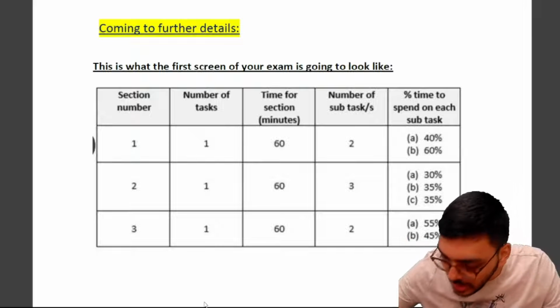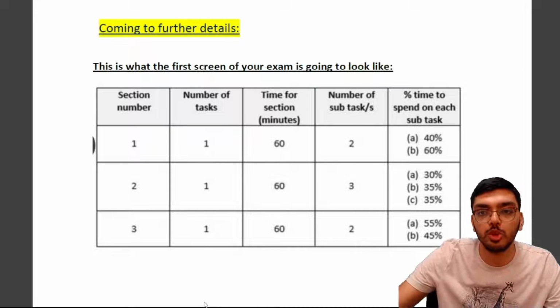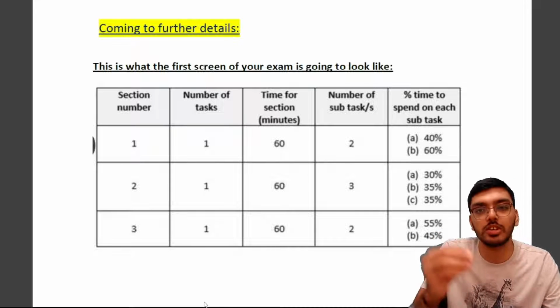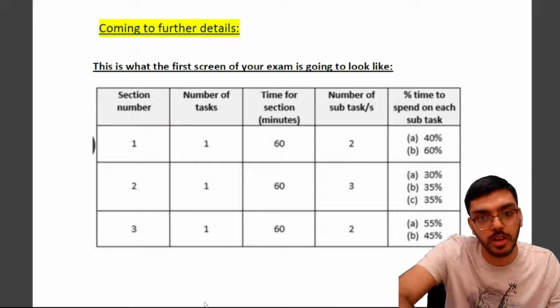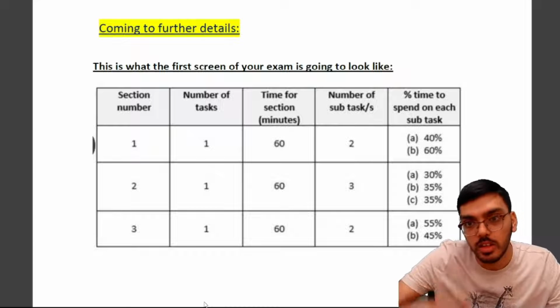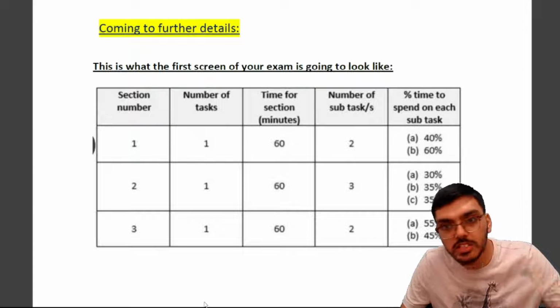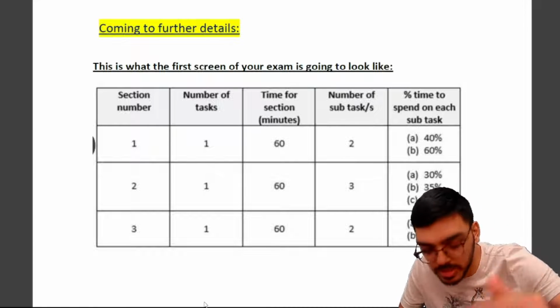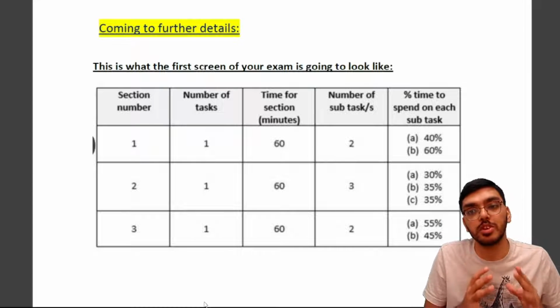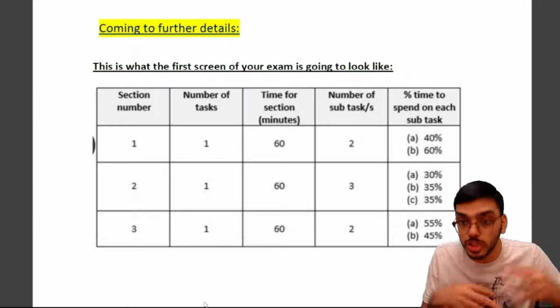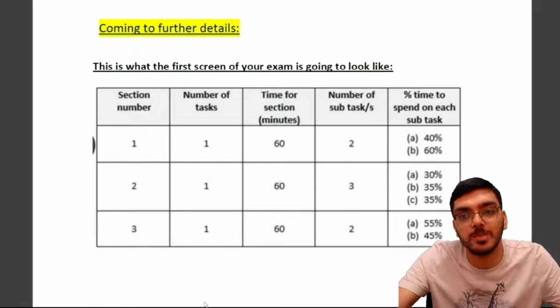And then it also tells you the time that you should spend on each subtask. So it's telling you that, okay, question 1 has 2 tasks. The first task of these 2 tasks, we want you to spend 40% of your time. And the second subtask, we want you to spend 60% of your time. So it showcases the importance as well over here.